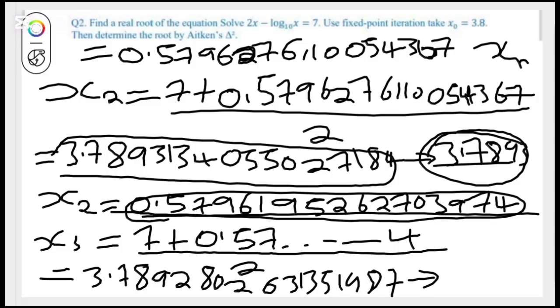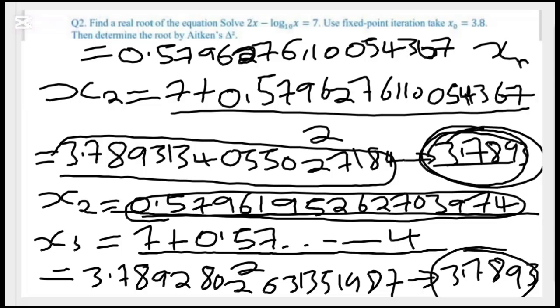So I'll leave it correct to 3.7893. So as you can see, this x2 and x3 are the same. So now the question says I'm to find the real root of this equation, and I will use this fixed point iteration. So I've already done with that. So I got this 3.7893. So since they are the same, I'm going to leave it like this.